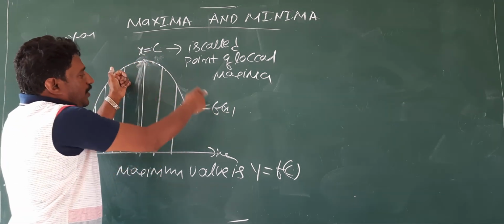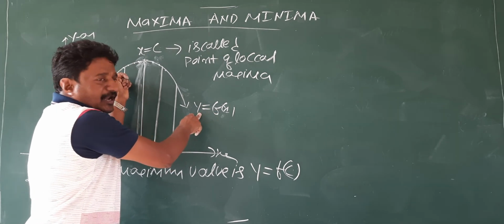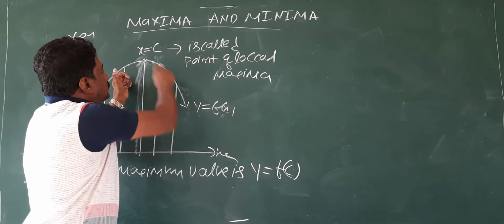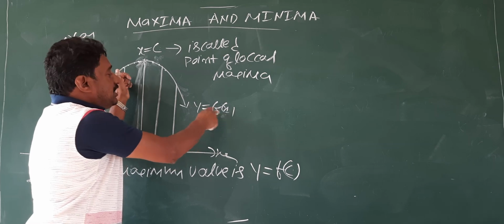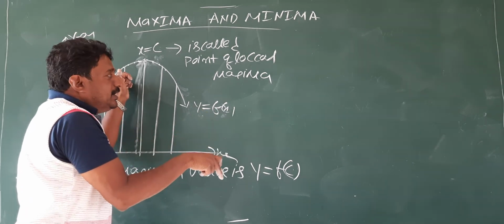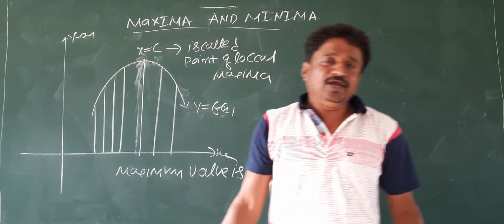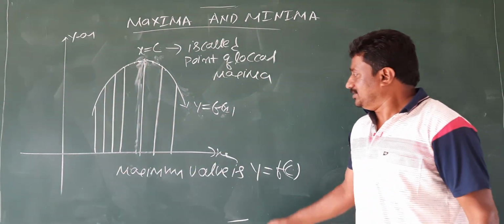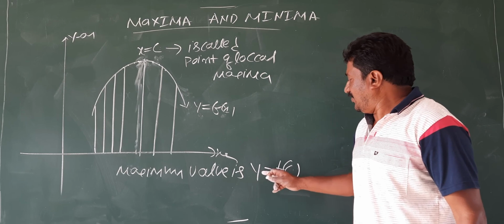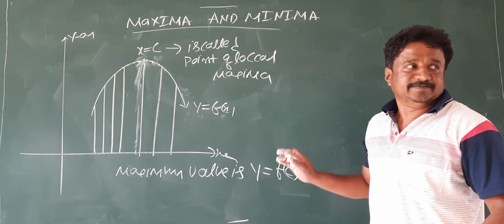Put x is equal to c in f(x), the y value so obtained is called the maximum value, the highest value. I hope you understood. So the maximum value is y is equal to f(c), right?